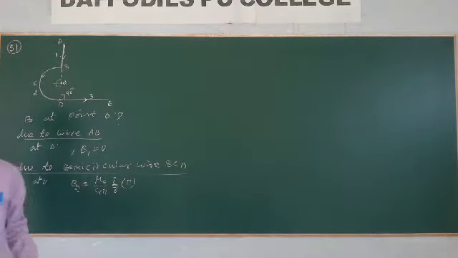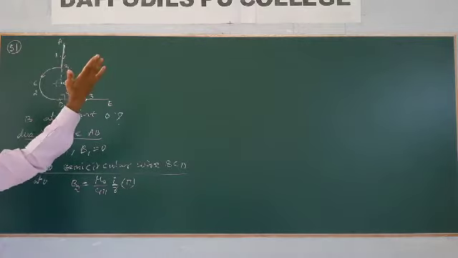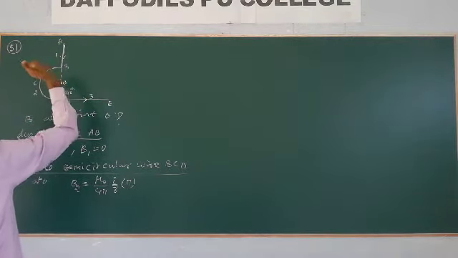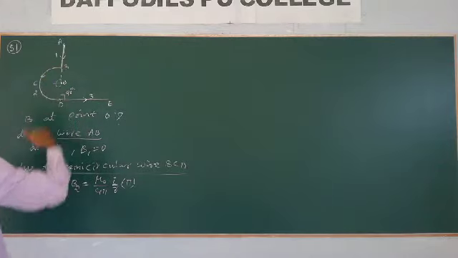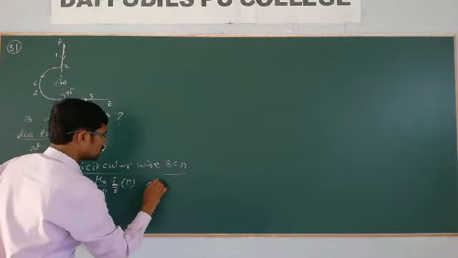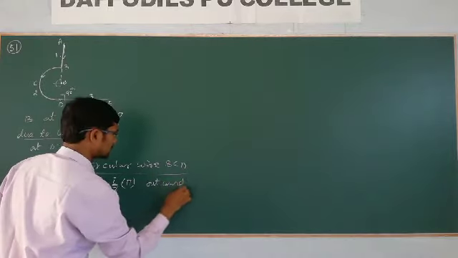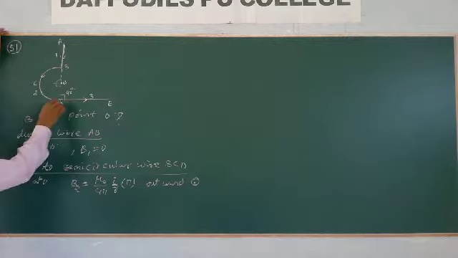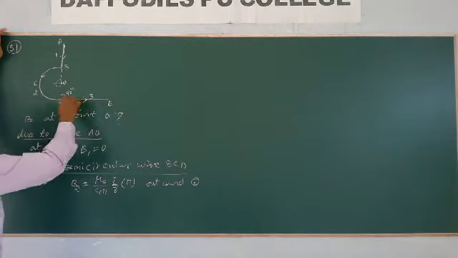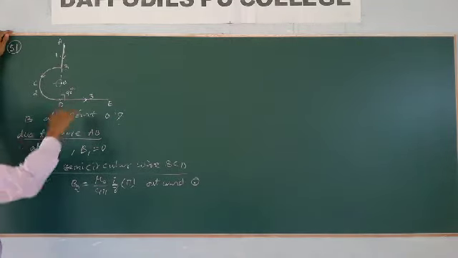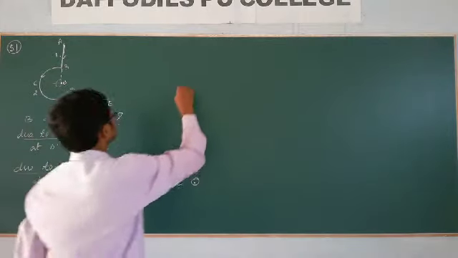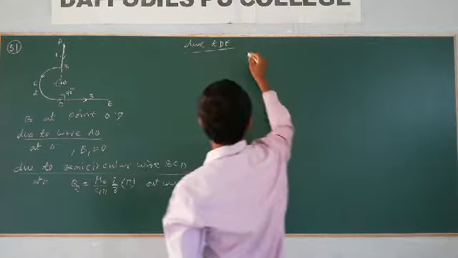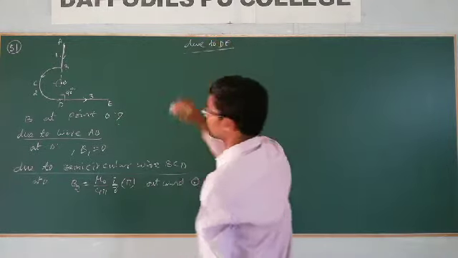Then what will be the direction? It is outward. So you can represent it. Similarly, if you look at the part DE, this is a current carrying straight wire, and O is at one end of the wire.